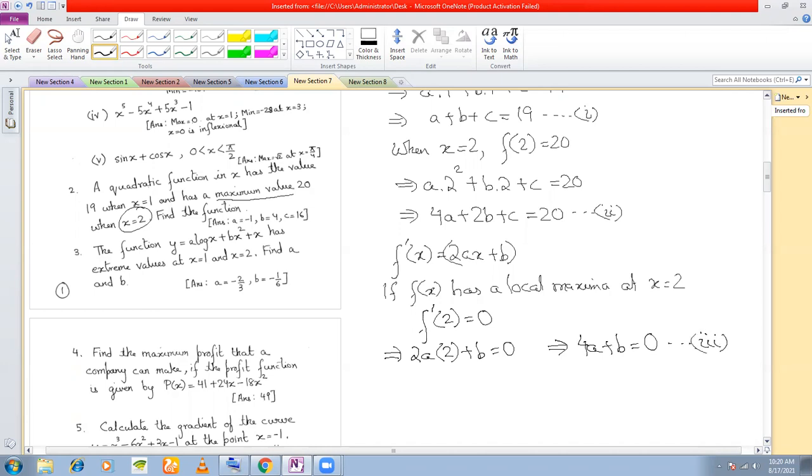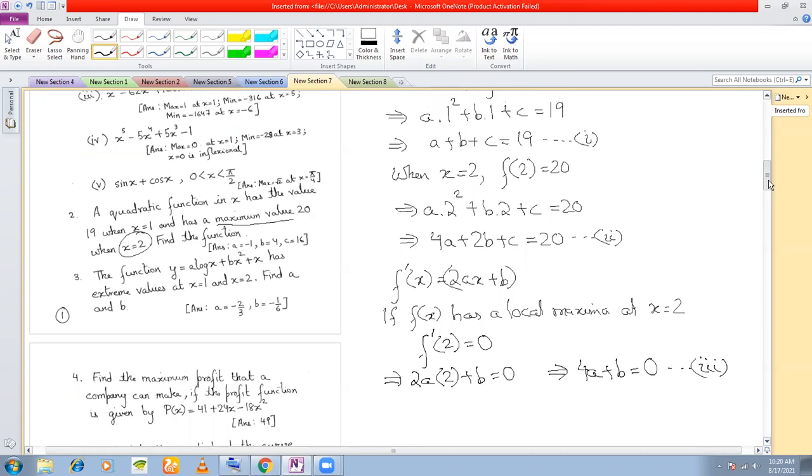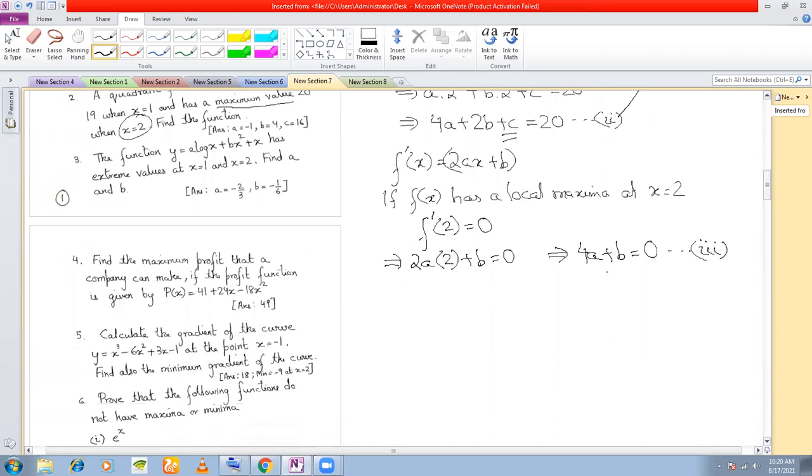So equation numbers 1, 2, and 3, you need to solve. Okay. So how will you solve these three equations? So what you see from 1 and 2, look at these two equations. You have a plus c here and you have a plus c here. That means if you subtract these two equations, you can get rid of the c. Let's get rid of the c first, because in the third equation, you see there's no c.